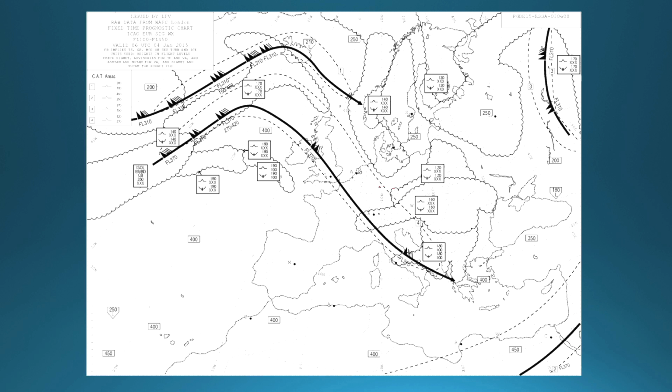If we were to fly to Vienna Airport, which is right here, as we approach we have to take into consideration the turbulence below flight level 160 towards somewhere below flight level 100, and the possible icing below flight level 160 and somewhere below flight level 100.